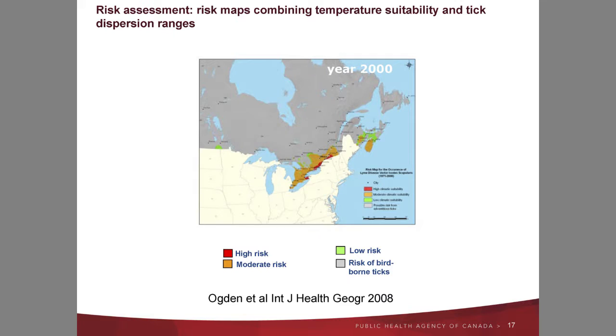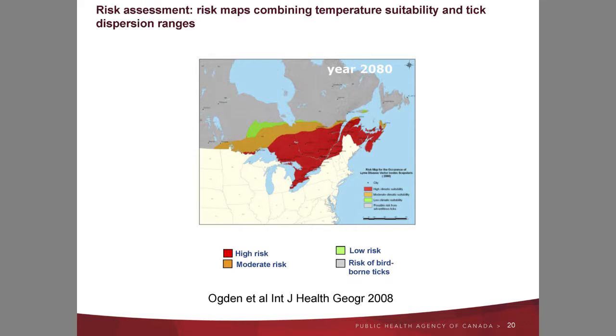So trying to find where the reproducing populations are appearing is important. And we did some risk assessment of where this might happen when we started designing surveillance, and that's what we expect for the future.